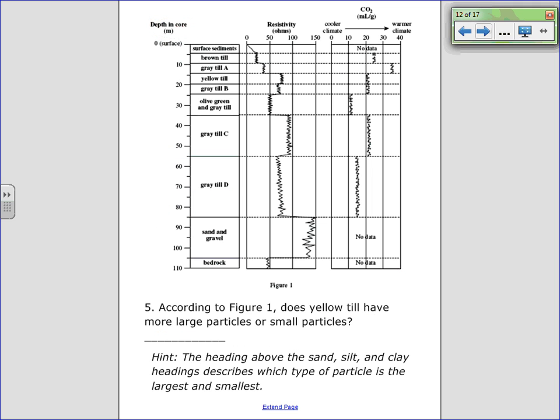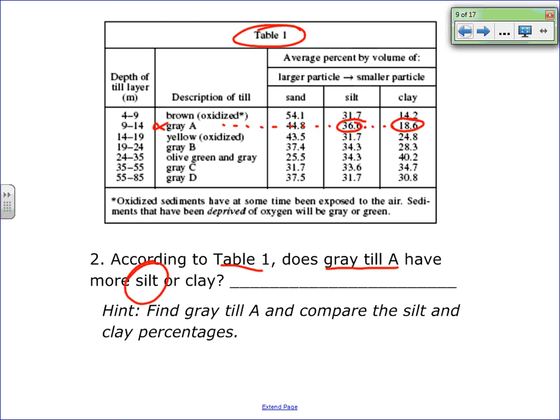Number 5, according to figure 1, does yellow till have more large particles or small particles? Yellow till. Now, how do we know which ones are the large ones or which ones are the small ones?